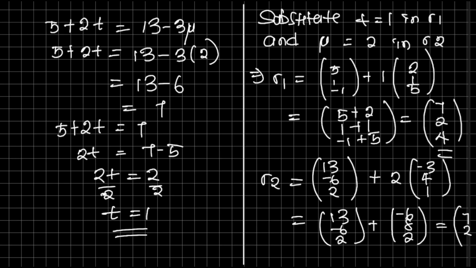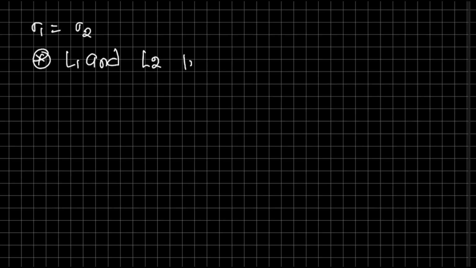You can see that R1 equals R2, which implies that L1 and L2 intersect. So this is how you find the intersection of lines.